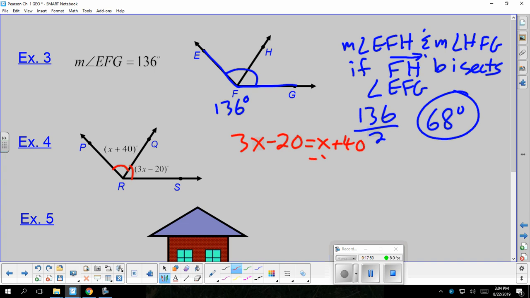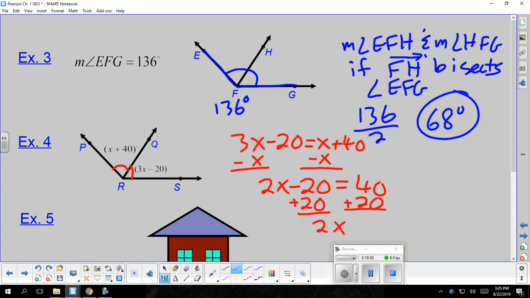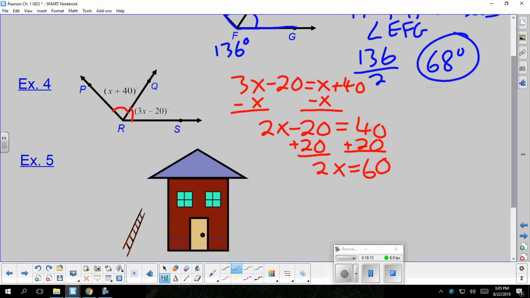Subtract x on both sides. 2x minus 20 equals 40. Add 20 to both sides. 2x equals 60. Divide both sides by 2. X equals 30.